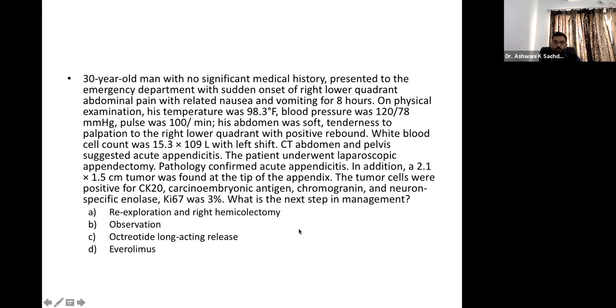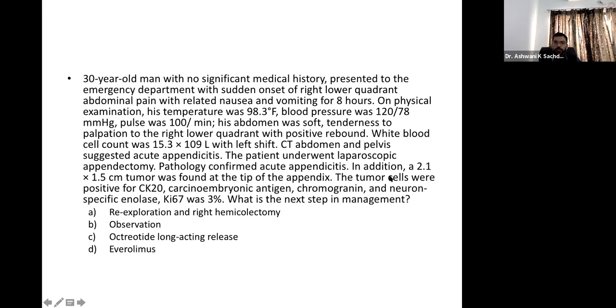It is not a mucinous adenocarcinoma, not LAMN or a mucinous neoplasm. It is purely neuroendocrine, and not a goblet cell adenocarcinoma either. The markers for neuroendocrine are positive. Ki67 is 3%, so it is a well differentiated tumor.